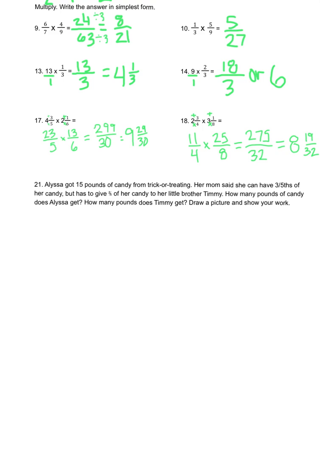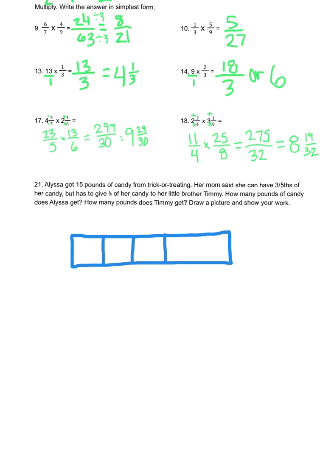So if I were to start with a picture, we'll switch up the color here. I would draw a bar. And we're dealing with fifths, so we're going to want to break this up into fifths. 1, 2, 3, 4, 5. So there we have our fifths. And let's see, Alyssa gets 3 of them.